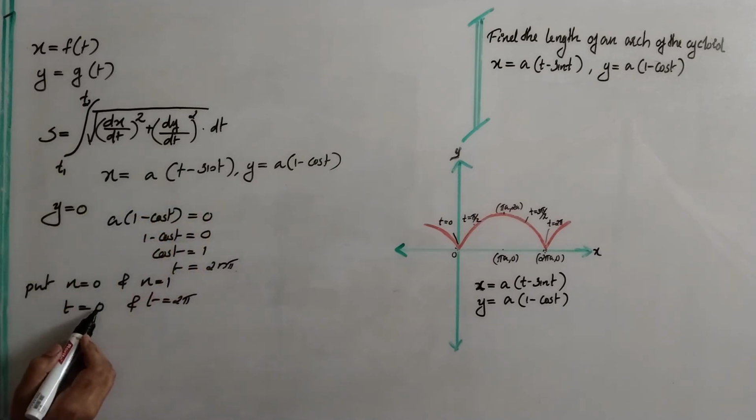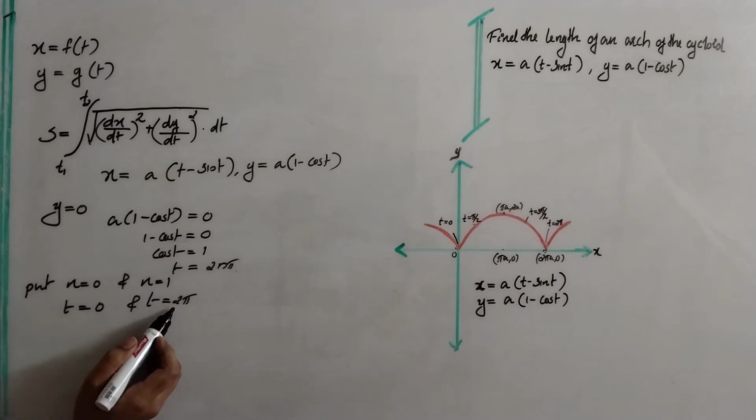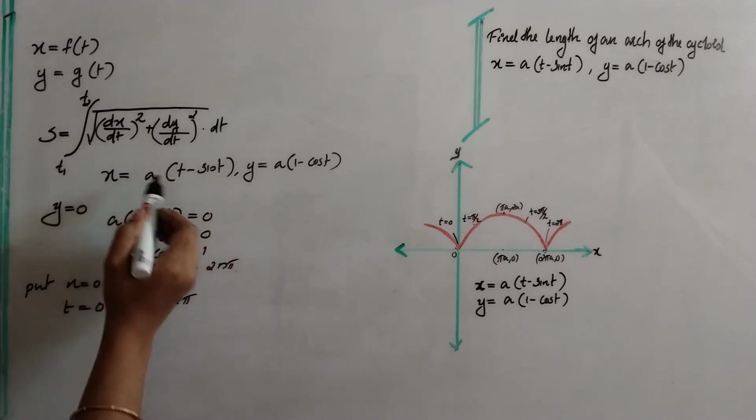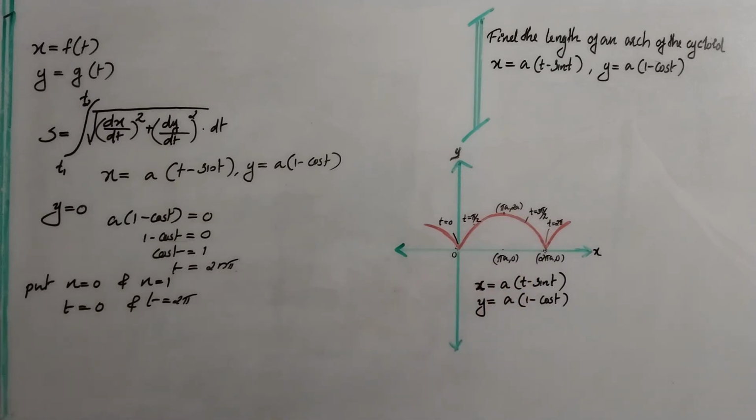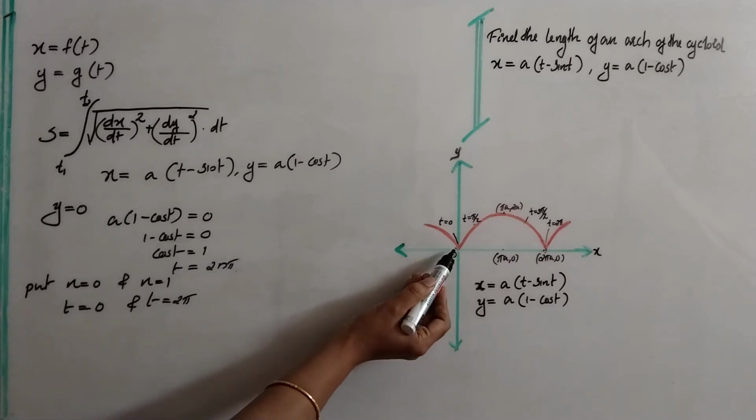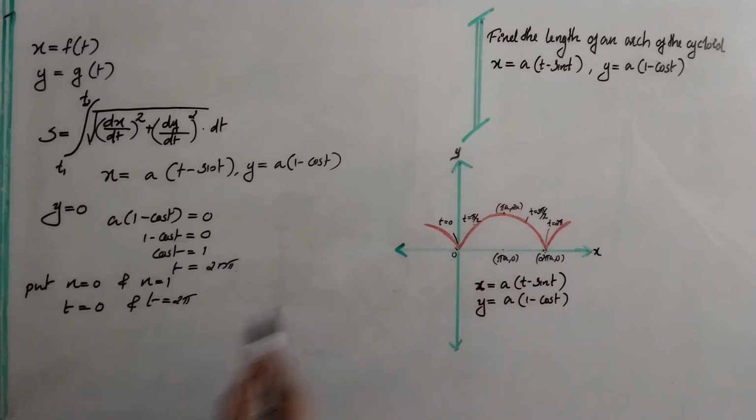And when t is equal to 2 pi, value of x is 2 pi a, and the corresponding value of y is 0. So the values t equal to 0 and t equal to 2 pi correspond to two consecutive contacts (0, 0) and (2 pi a, 0) of the curve with x-axis.